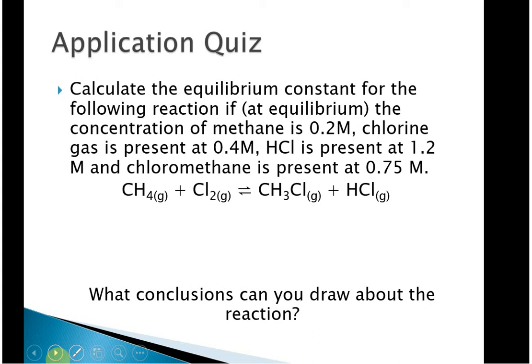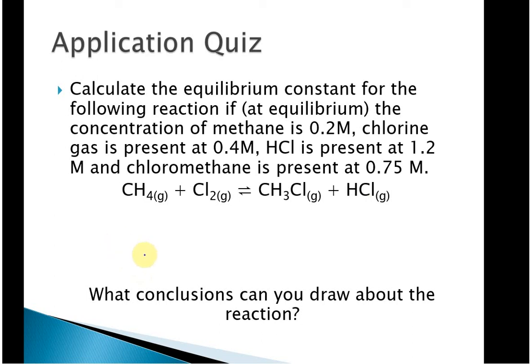Now, it's great that you can set up the equilibrium expression. That's actually half the battle. But now we need to do some math with it. So let's go ahead and look at the K for this reaction. Here we've got methane reacting with a mole of chlorine gas to produce chloromethane and hydrochloric acid.